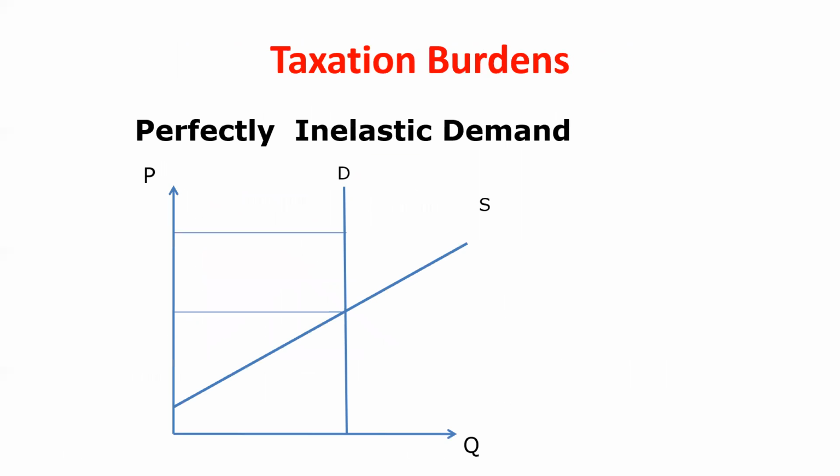It's going to be kind of a weird one, but let's say I have perfectly inelastic demand. I've got this on the slide, but I want to walk through and draw this out step by step. If demand is perfectly inelastic, demand is going to be this vertical line.